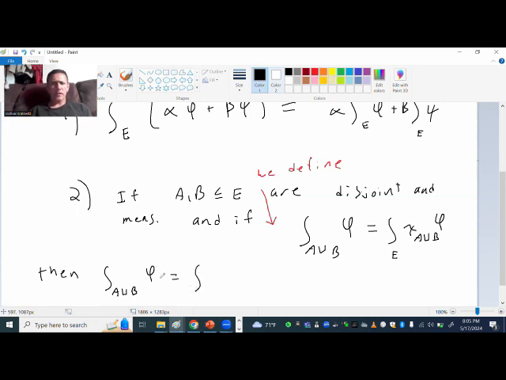Integration against a non-negative function absolutely will have all the properties of Lebesgue measure, which is really, really nice. So again, to be clear, by definition, I'm defining this as the characteristic function of A times this simple function. And the product of these two is certainly a simple function.